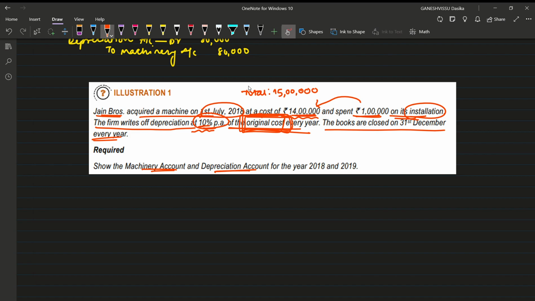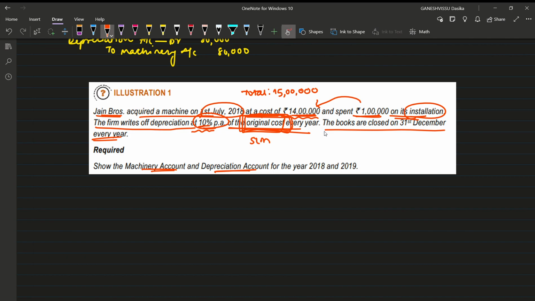Every year we are going to charge the depreciation on cost itself. On original cost, in the sense we are charging the amount of depreciation on cost of the asset using straight line method. So SLM we are going to use. Can anyone guess what is the amount of depreciation for the year?